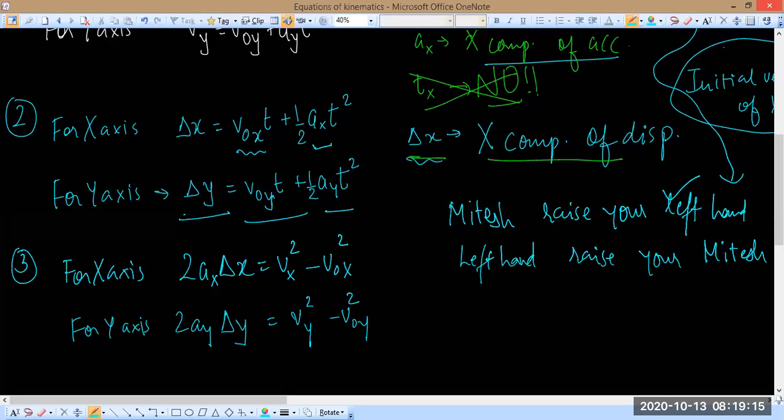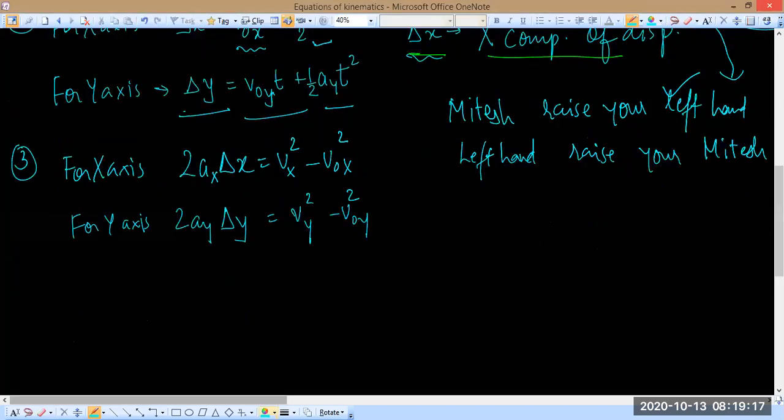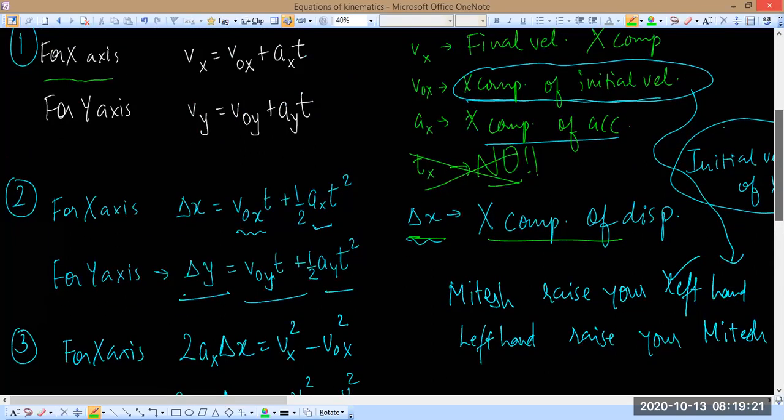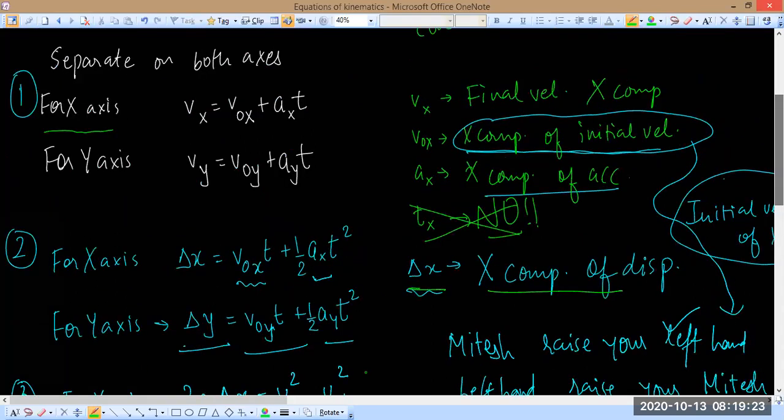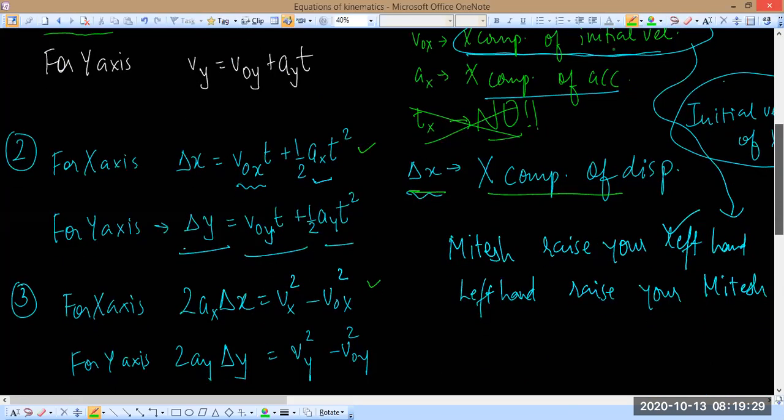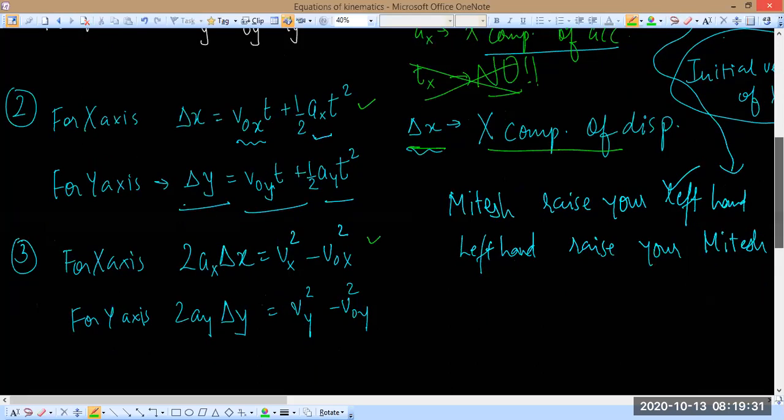Yes, again, look at this equation and this equation. When you are writing the equation for x-axis, you don't really get anything for y. Whenever you are writing the equation for x-axis, we don't get anything for y.